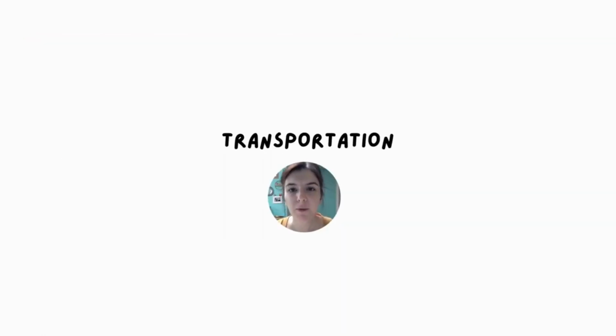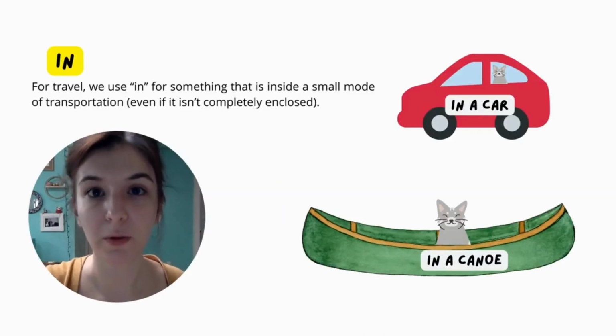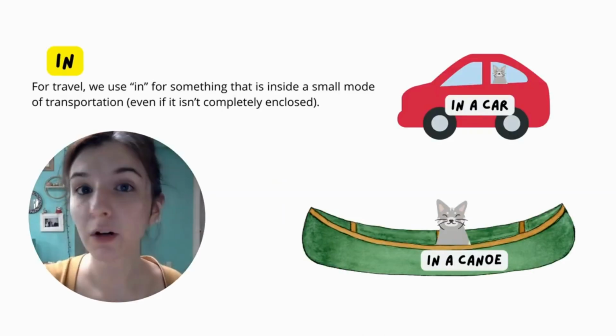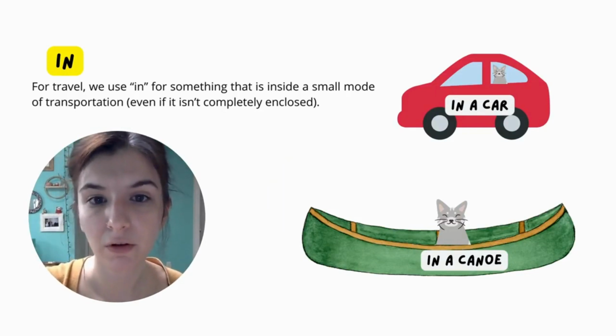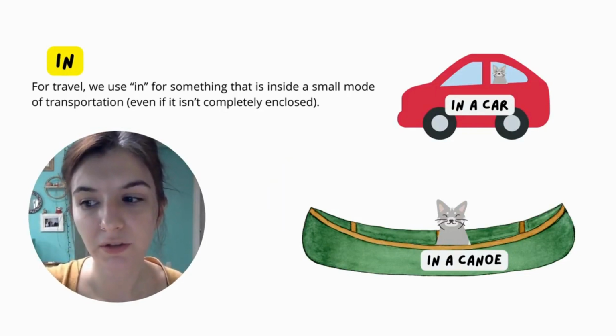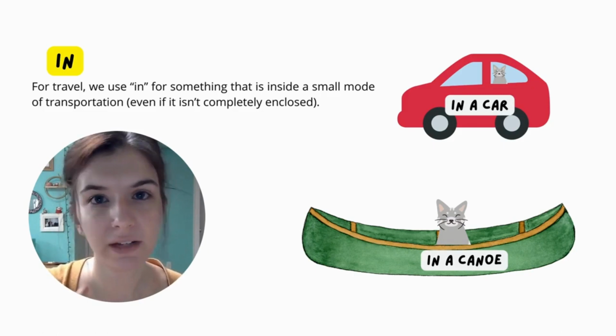Next, let's talk about prepositions of transportation. For transportation, we normally only use two prepositions, either in or on. So let's learn about the difference. Let's start with in. Now, we normally use in travel when we want to describe something that is inside a small mode of transportation, even if it isn't completely enclosed.